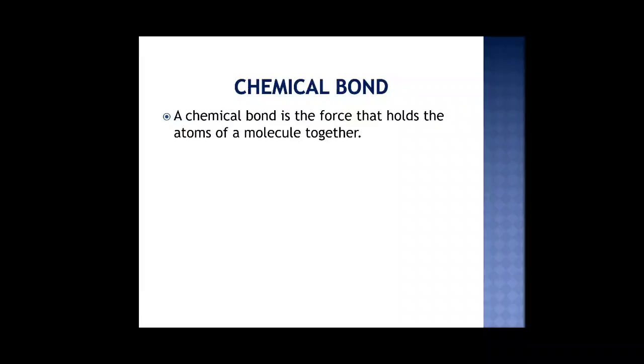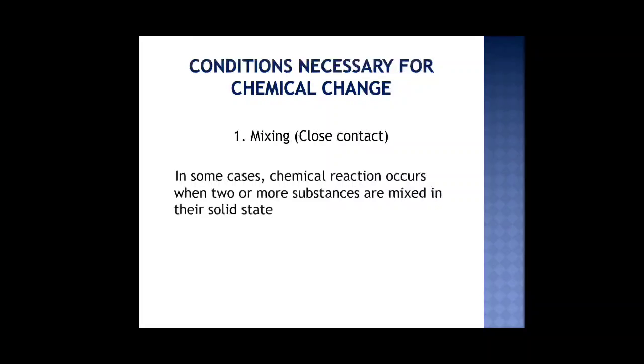Now let us see the factors, or the conditions, that are necessary for a chemical change to take place. First thing is mixing. A close contact is required if a chemical change has to take place. Generally, it requires the two substances to be mixed, maybe in their solid states. So now we are going to see different conditions in which a chemical reaction can take place.